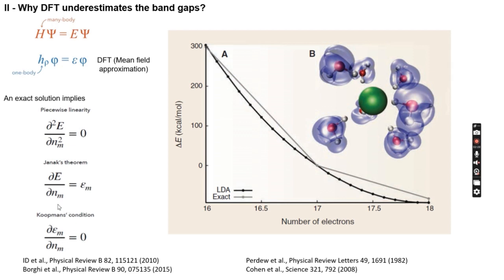This Koopmans condition basically states that the energy of the orbital should not change as a function of the orbital occupation, which means that the occupation of an orbital should not be the cause of the change of its own energy. This is called the self-interaction free condition.